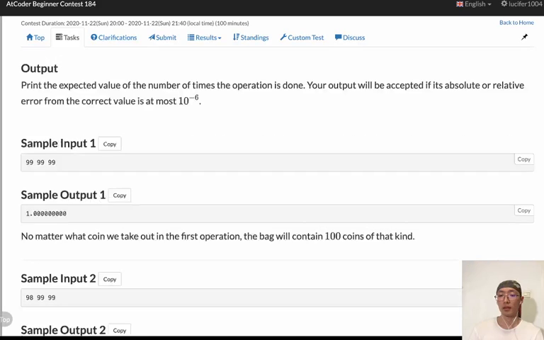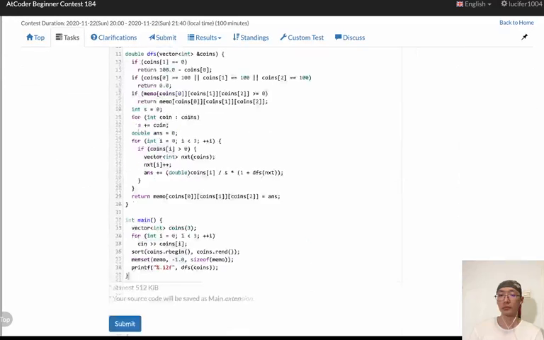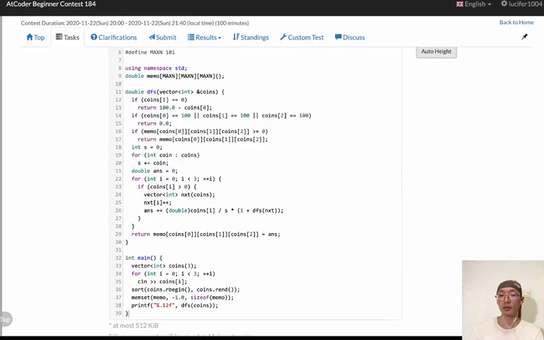Let's just look at the code. So here we have a memo to memorize all the conditions that we have met.